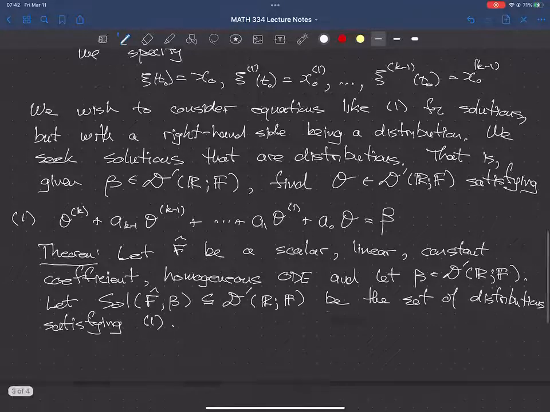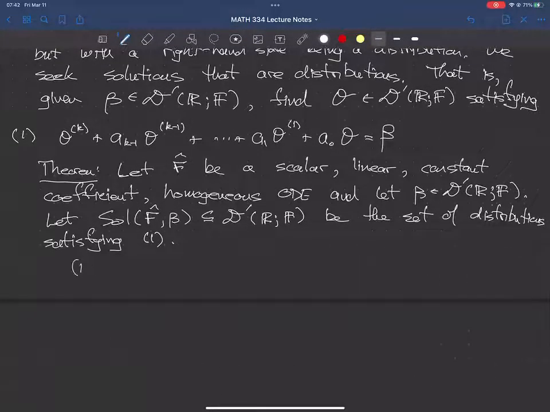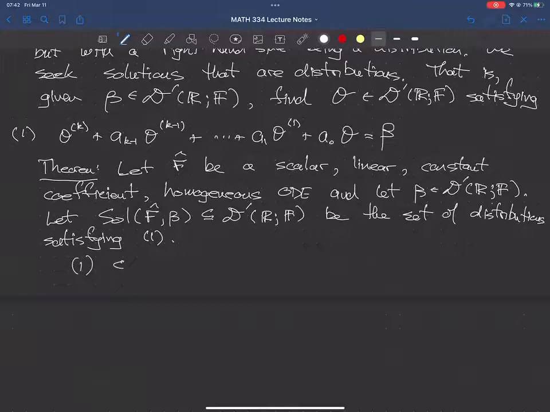So I have a bunch of things that are true. First, no matter what, there are solutions to equation 1, and there may be many of them. In fact, depending on what beta is, the cardinality of the set of solutions is greater than or equal to two. So there is a solution, and there may be multiple solutions.